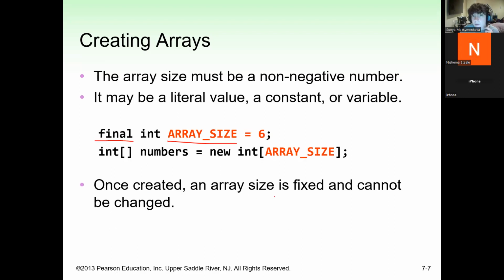Now, whenever you create your array, you cannot change the size of it, so your size will be fixed. You can only create a new array to give it more space. But in Java, once you create your array and give it a size, you cannot change it.